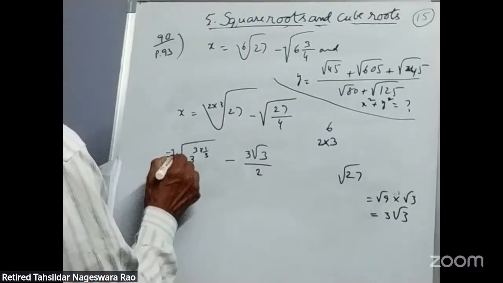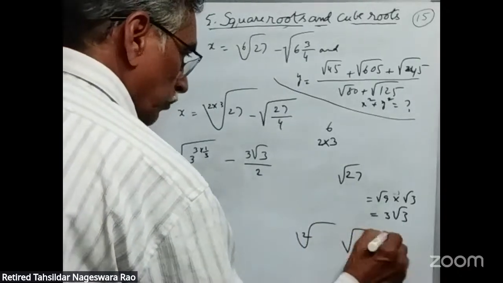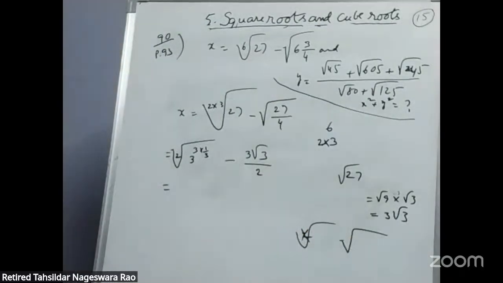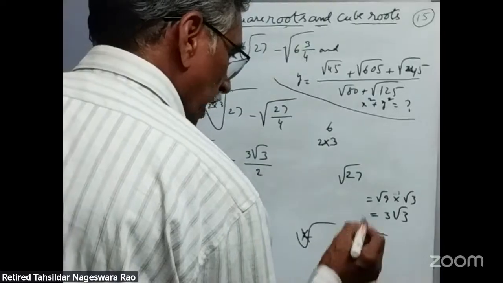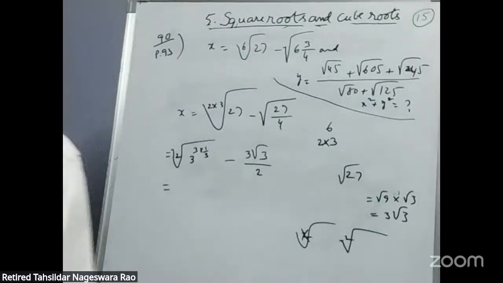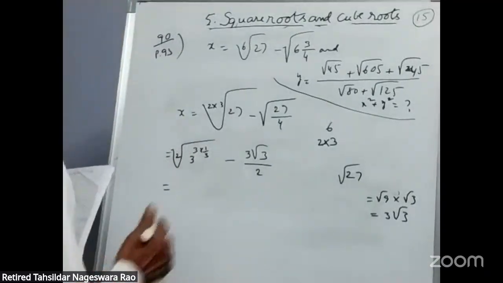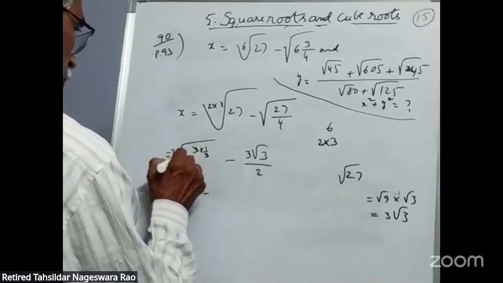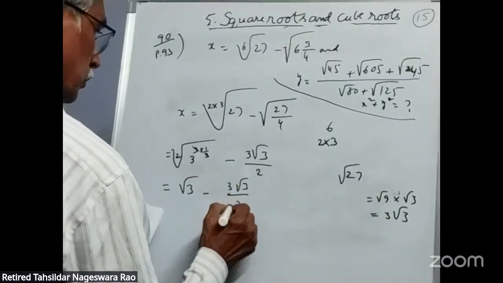Here what happens? 2 is not necessary now. Square root means root of. Whether we keep 2 or not, it's a representation of square root. But writing square root like this, 2 is always there, so we don't want to. The answer is root of 3, minus √3 by 2.